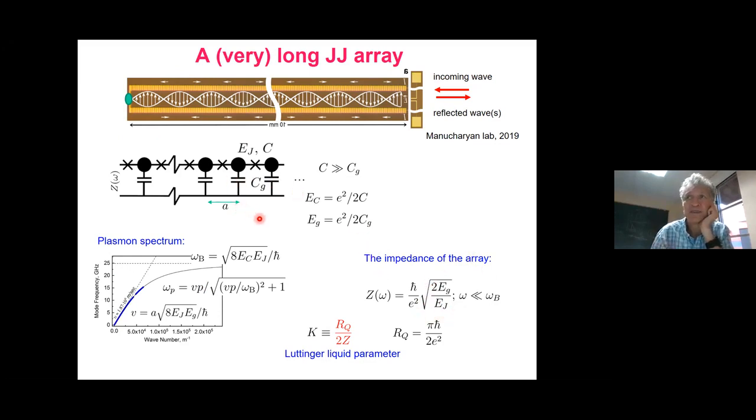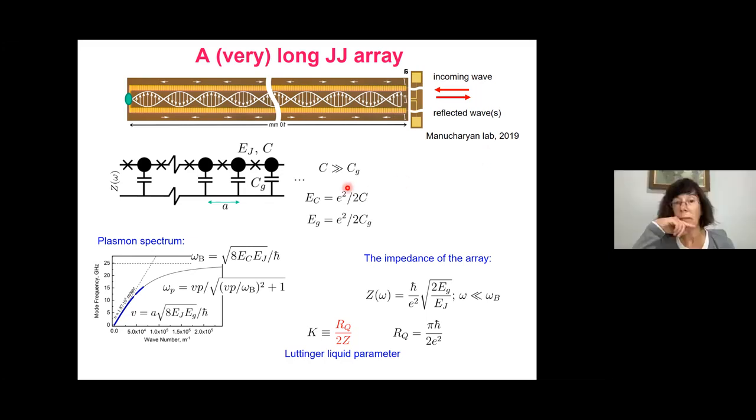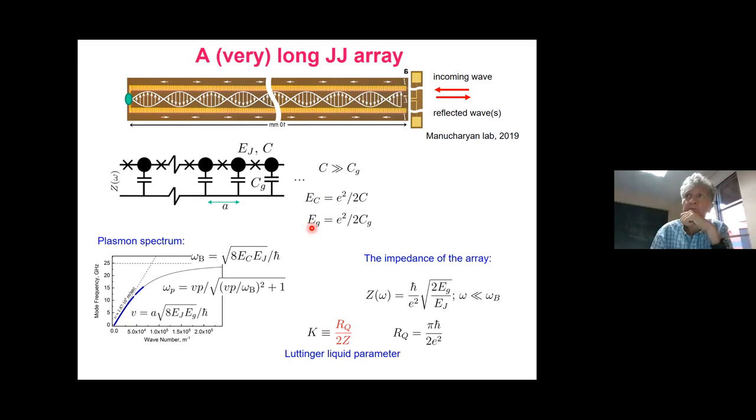There are a number of experiments that actually allow one to infer it. The point is that this array is very long, but it's finite. So one sees discrete resonances, and from the resonance structure, it's like Fabry-Perot. You can tease out the parameters of the array quite well. So these parameters, EC and EJ, are easy to find.